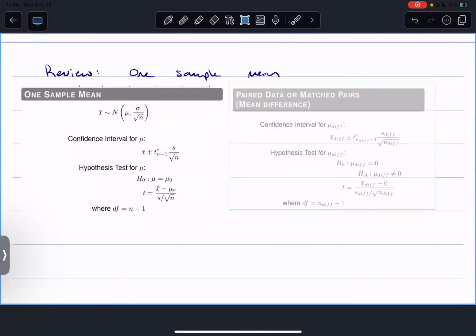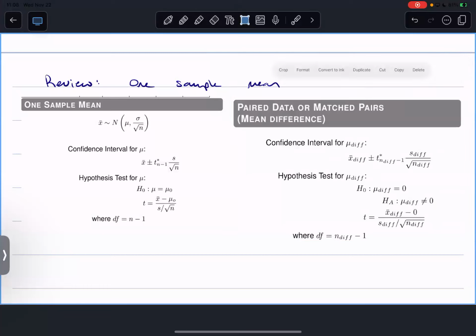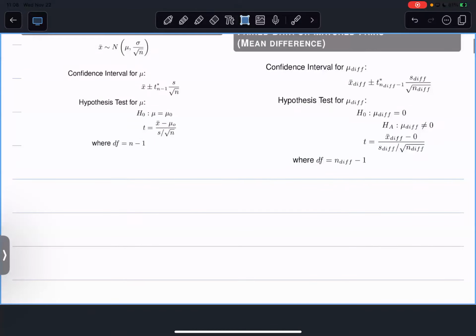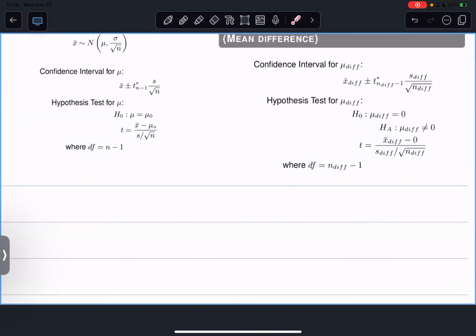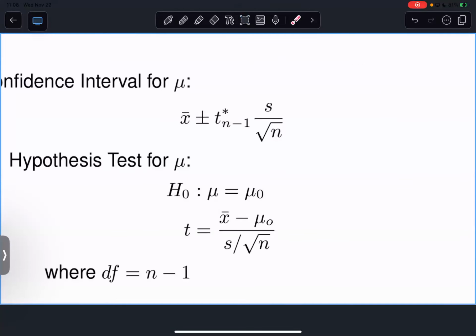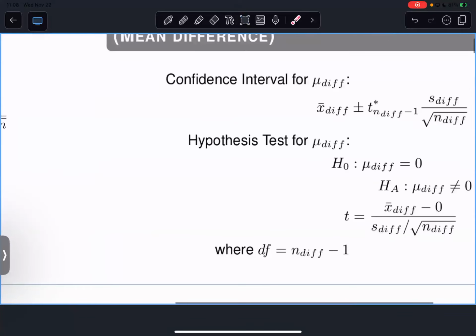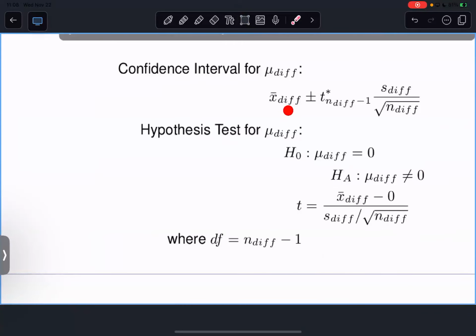If I copy and paste these next to each other, what I want us to notice is that, if I'm looking at the confidence interval for X bar, which is the one sample mean, I've got some T star and then S over root N is my standard error. Without knowing anything, I recognize that this looks the same, right? I've just got little subscript diffs everywhere.